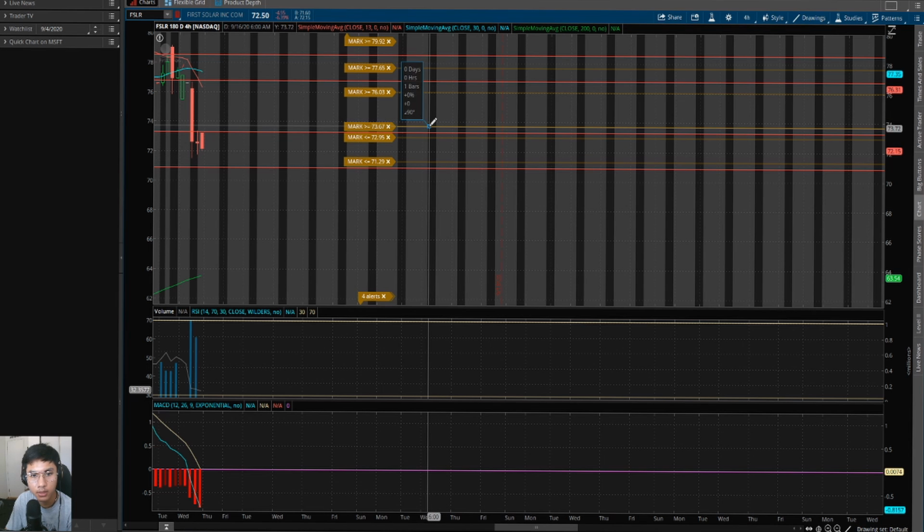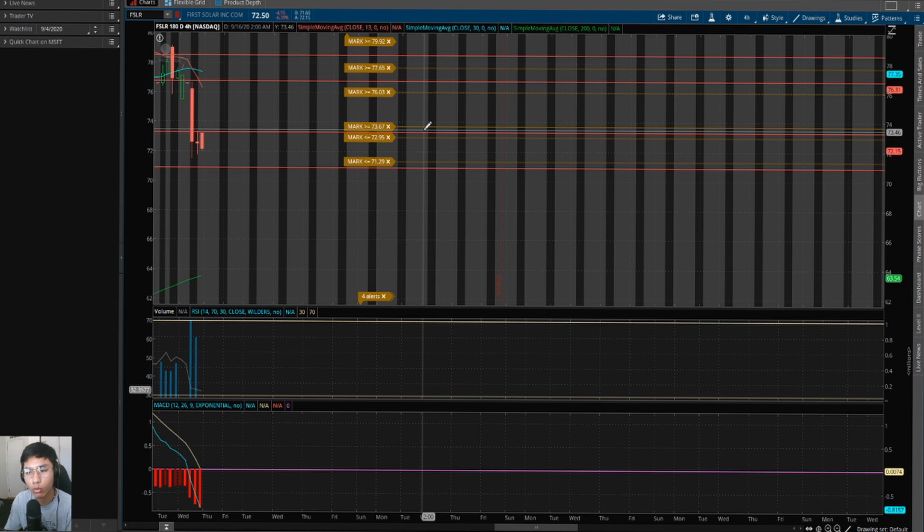The potential gain is 3%, which is the profit margin, and the potential loss is around 1%, which is 0.99.